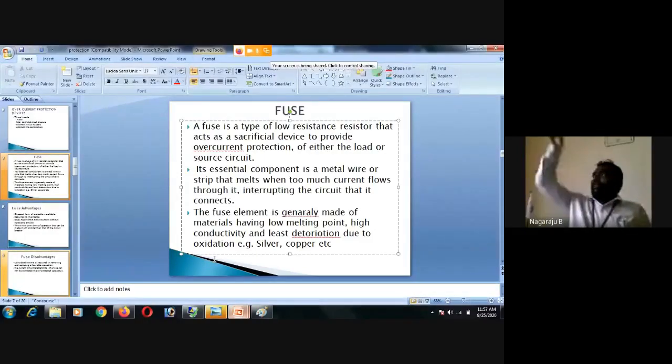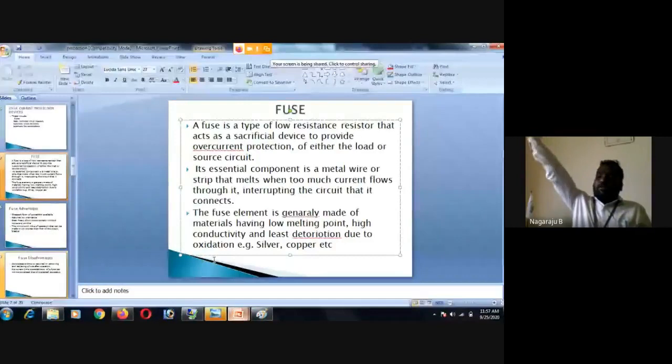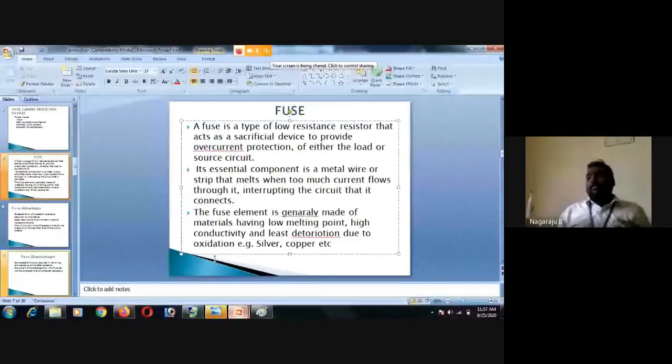When you connect a power fuse on a particular substation, you can use substation mounting rather than pole mounting or cross arm mounting. Whenever you are going for pole mounting or cross arm mounting, instead of using that you can use substation mounting when you use the power type of fuses. This is about the fuse.